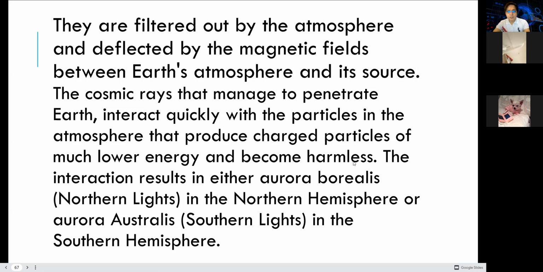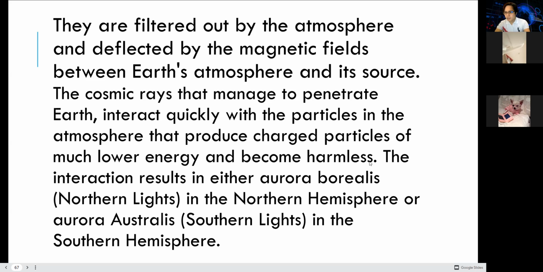The magnetic field of Earth. The cosmic rays that manage to penetrate Earth interact quickly with the particles in the atmosphere, producing charged particles of much lower energy, and become harmless.